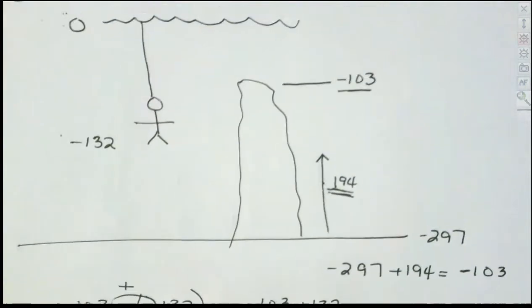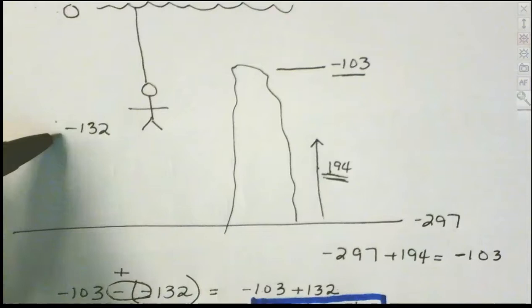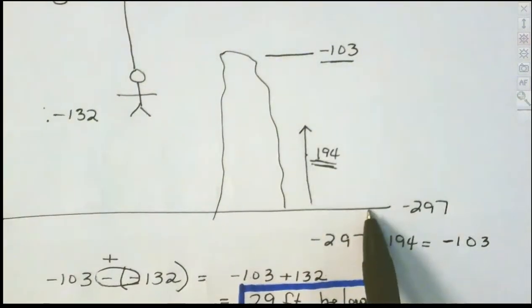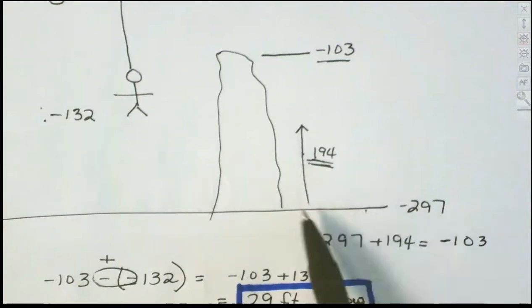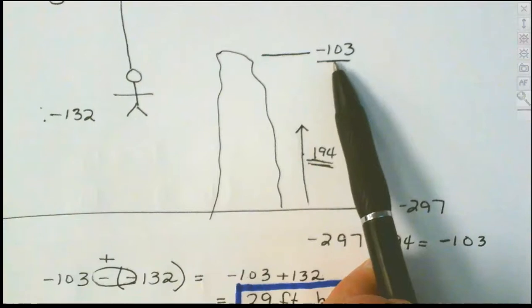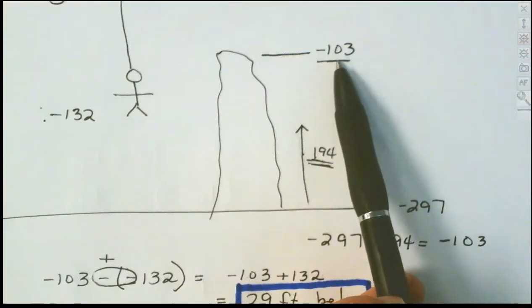But that one was a tricky one because we really need to think about what we've got. We have the water at 0. Diver went down 132 feet. Bottom of the ocean floor is way down here at minus 297. Rock formation came up 194 feet. So that means the rock formation is 103 feet below the water.